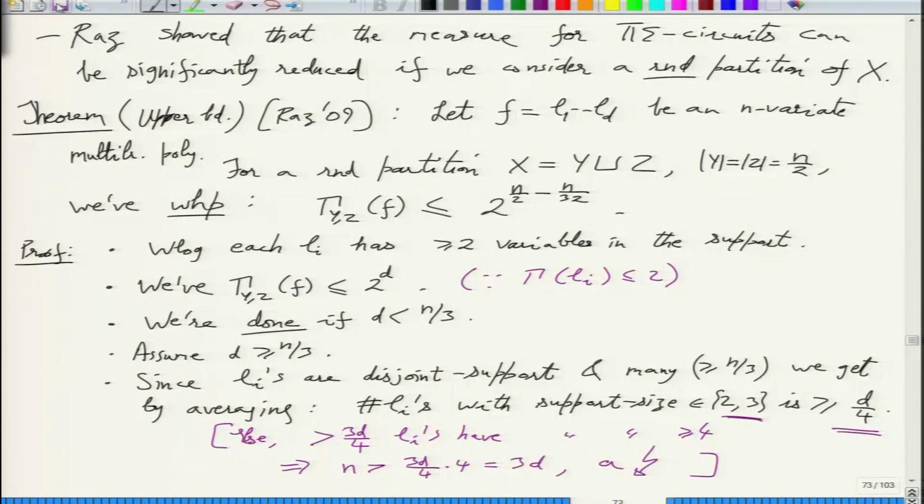So we call these Li's small. And we'll only care about them in our probabilistic argument. We know that these are present, so you can assume that the initial D by 4 have support less than 4. They only have 2 or 3 variables.